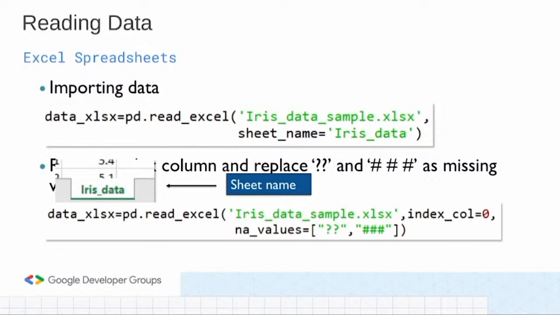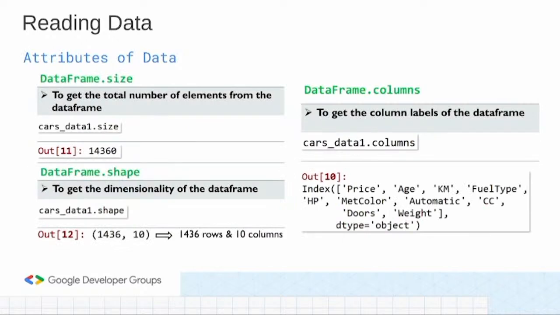I have saved it into an object called data_xlsx. Now this becomes a data frame. In your Excel sheet you will have sheet names, so you can just give the sheet name under the sheet_name argument.